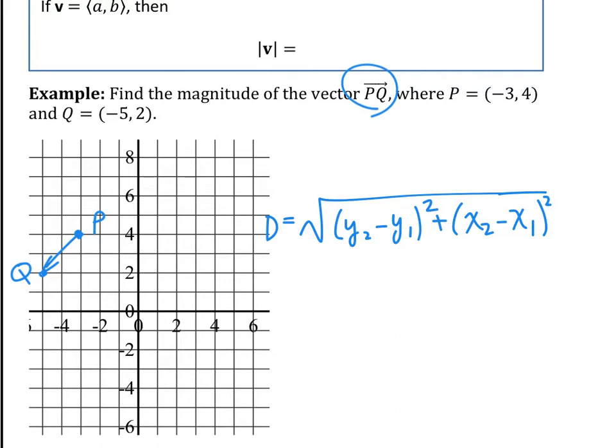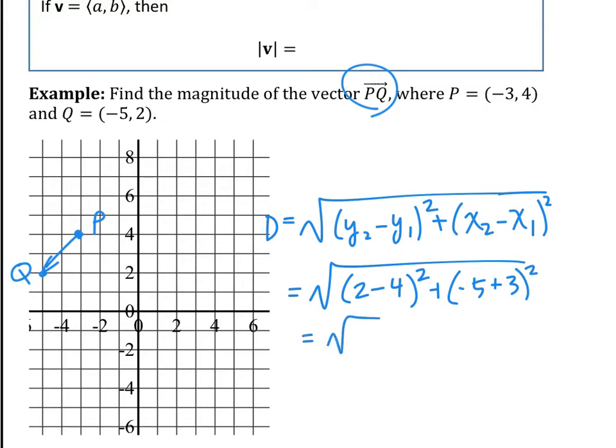Basically, a squared plus b squared equals c squared. Okay, so 2 minus 4 squared plus -5 minus -3, so plus -2 squared. We get -2 squared, that's 4. And then -2 squared, so 4 and 4, this is square root 8, that is 2 root 2.